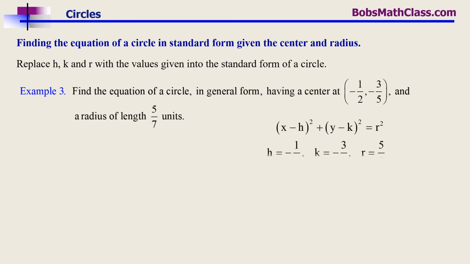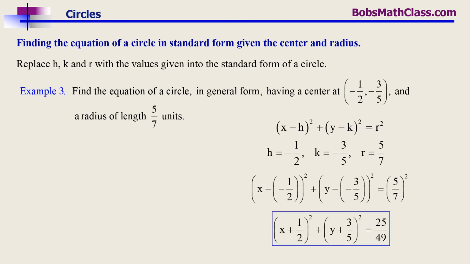Our h is -1/2, our k is -3/5, and our r is 5/7. Again, minus and negative is a plus, and then 5/7 squared means 5/7 times another 5/7, which will be 25/49. Again, this is standard form.